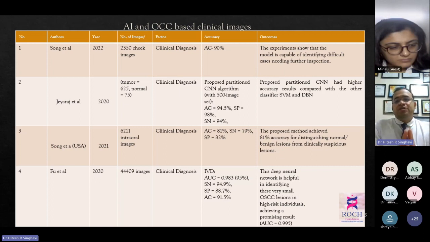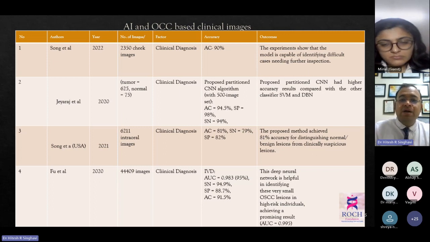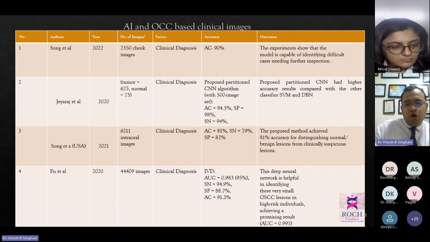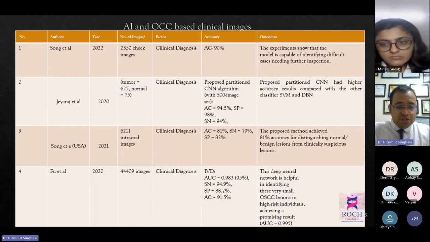They differentiated these images into normal and malignancy, and the accuracy is as high as 90%. Anything that accurate is eligible for a real world setting, but there are of course a lot of caveats. We'll discuss that later. Now again, you see the fourth study, which is a Chinese study.